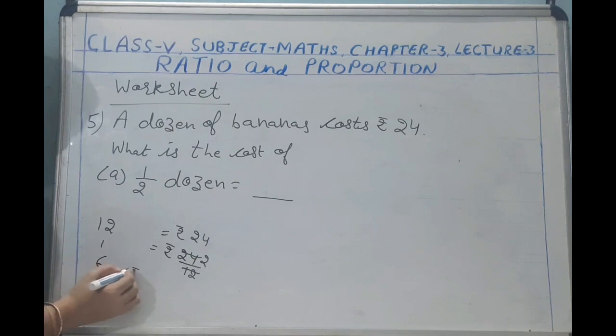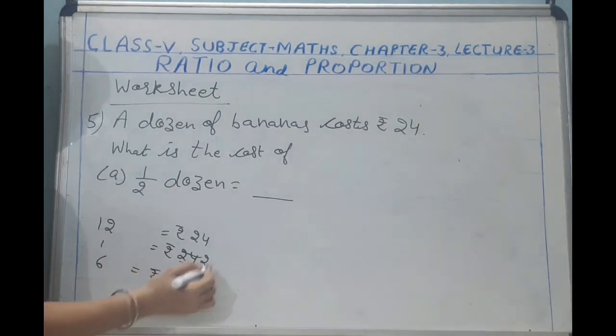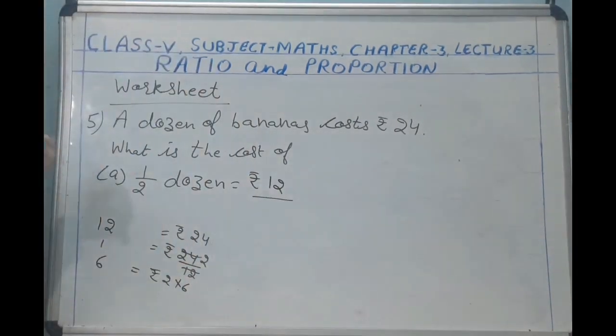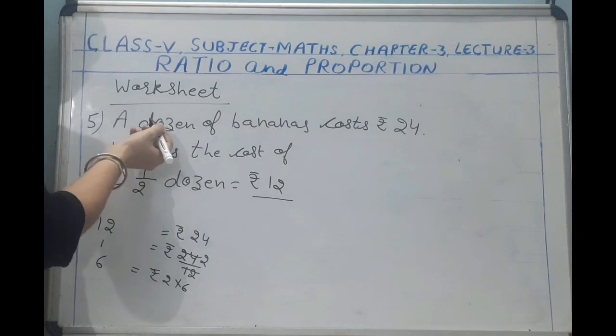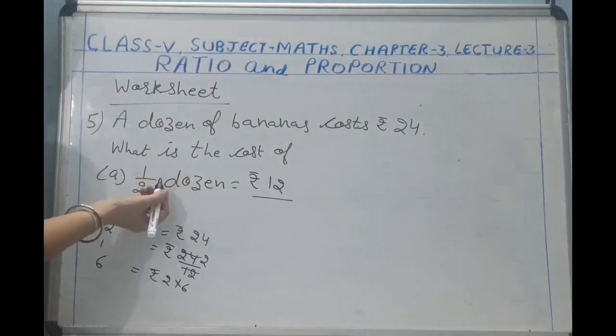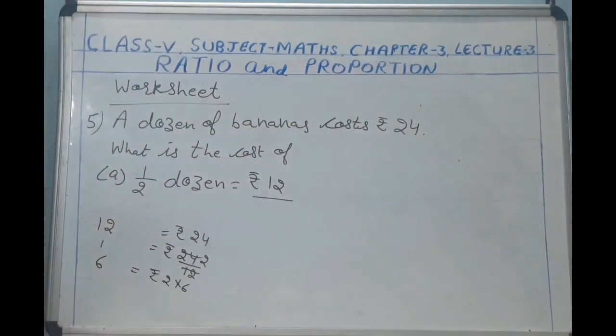Then cost of 6 bananas is rupees 2 multiply 6, so it will become rupees 12. Orally also you can do. 12 bananas की cost 24 rupees है. 12 के half कर दिए, 6 bananas. तो 24 का भी half कर दीजिए, 12 rupees. Clear?